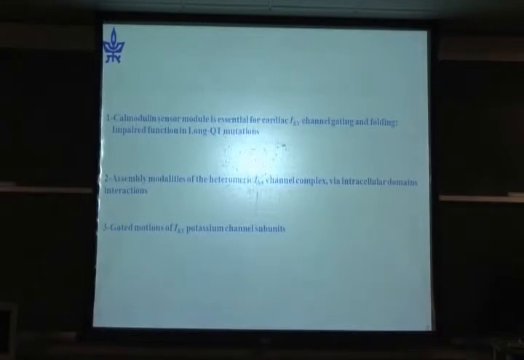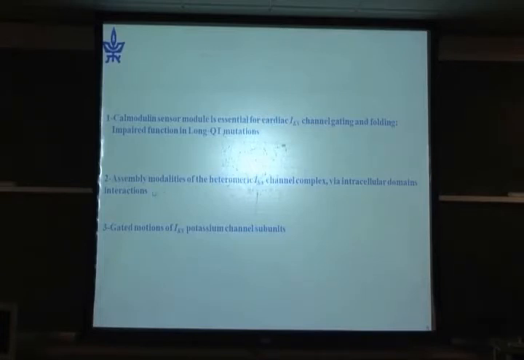So in my lecture, I will present three sets of data. First, a set showing that calmodulin, the calmodulin binding domain, this kind of sensor module, is very important for channel gating and folding. I will illustrate my purpose by also showing the impact of long QT mutations on this function of calmodulin.